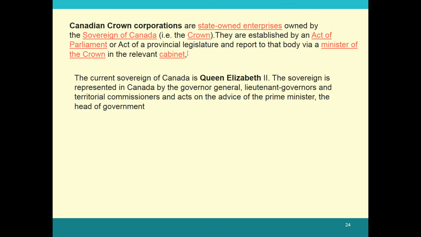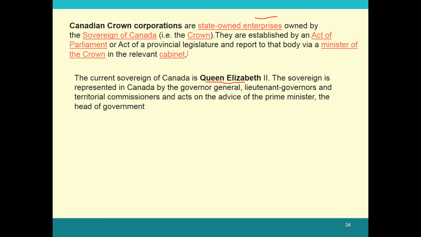I explained that maybe for some people it may be unclear: what is a Canadian Crown Corporation? These are state-owned enterprises owned by the sovereign of Canada, which means the Crown, that is, the government. The current sovereign of Canada is a queen.